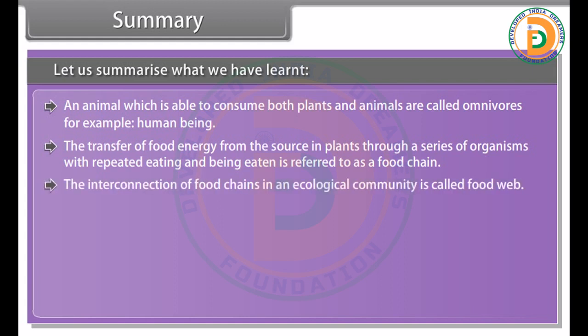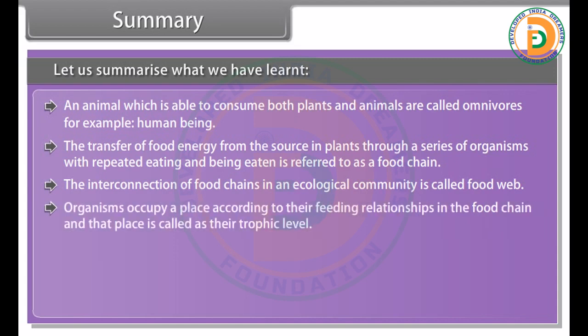The interconnection of food chains in an ecological community is called food web. Organisms occupy a place according to their feeding relationships in the food chain, and that place is called their trophic level. Trophic structure may be shown graphically as ecological pyramids.